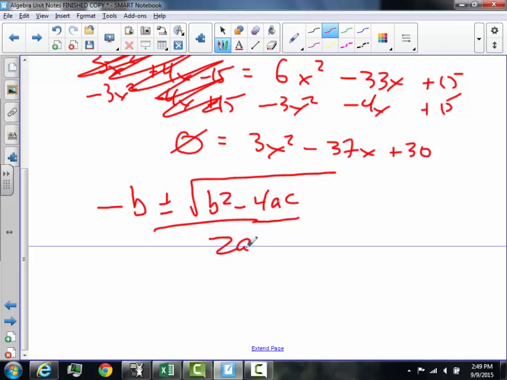By the time we're done, either there will be a solution, there could be 2 possible solutions, or there's the possibility that there is no x in the world that we could plug into this equation and that it would actually work. It's an unsolvable question. Okay, so negative b. B is negative 37, so double negative it, make it positive 37.